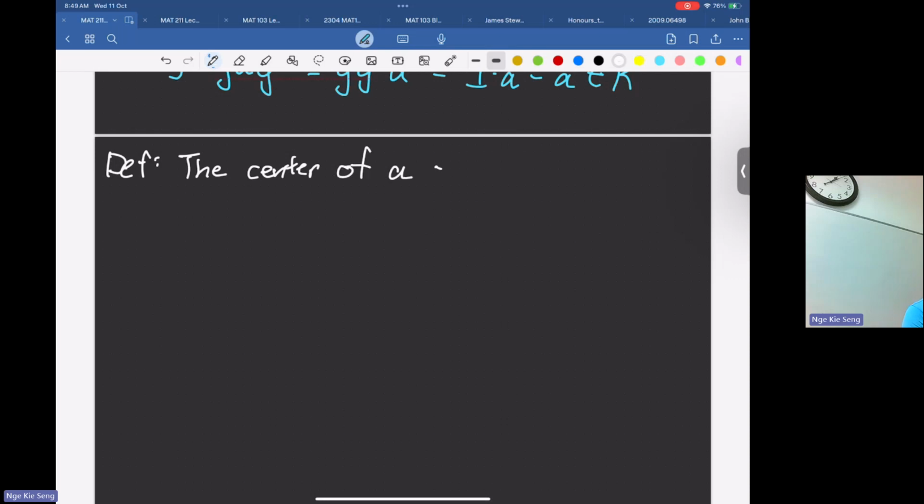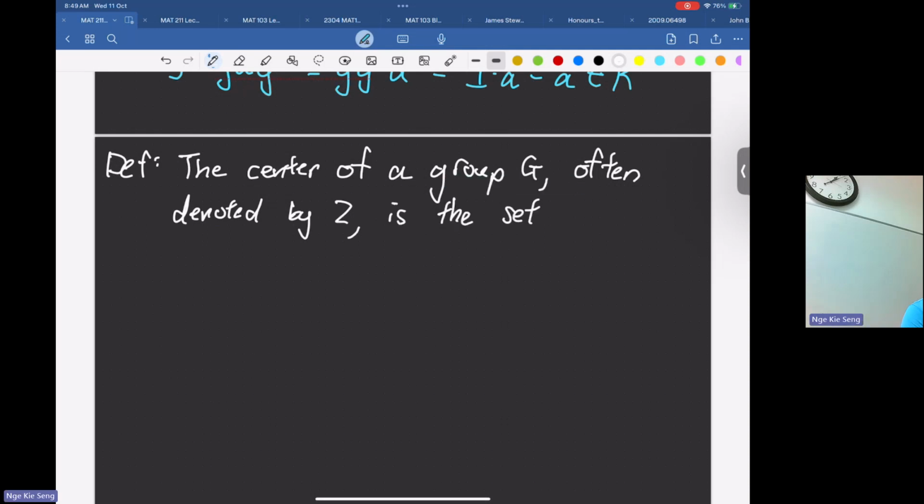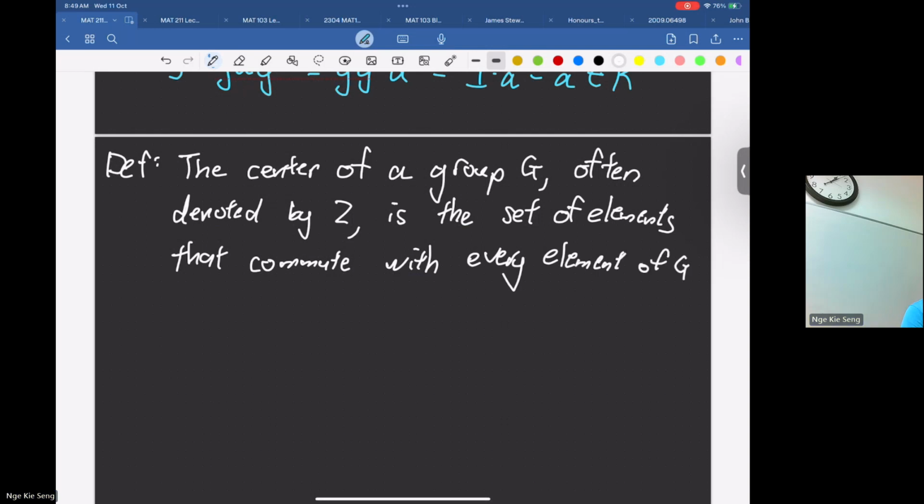The center of a group G, which we often denote by Z, is the set of elements that commute with every element of G. So Z is equal to all the elements in G such that zx equals xz for all x.